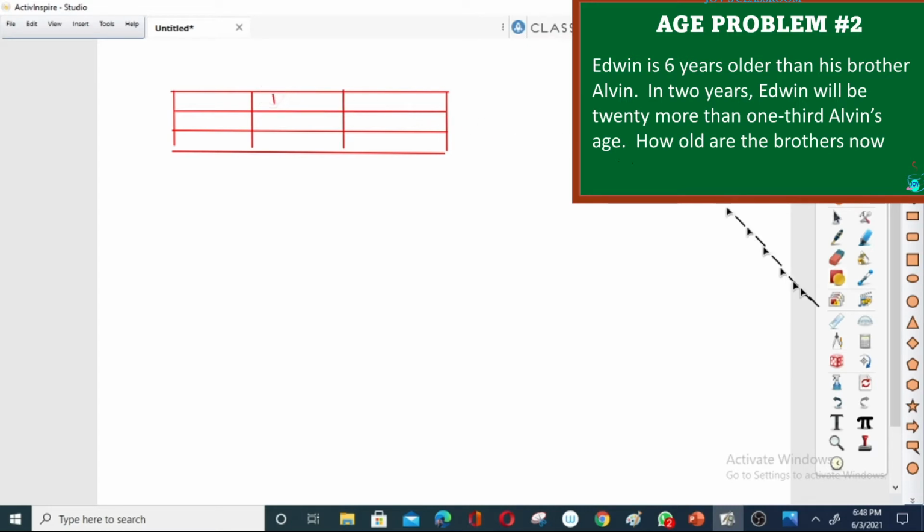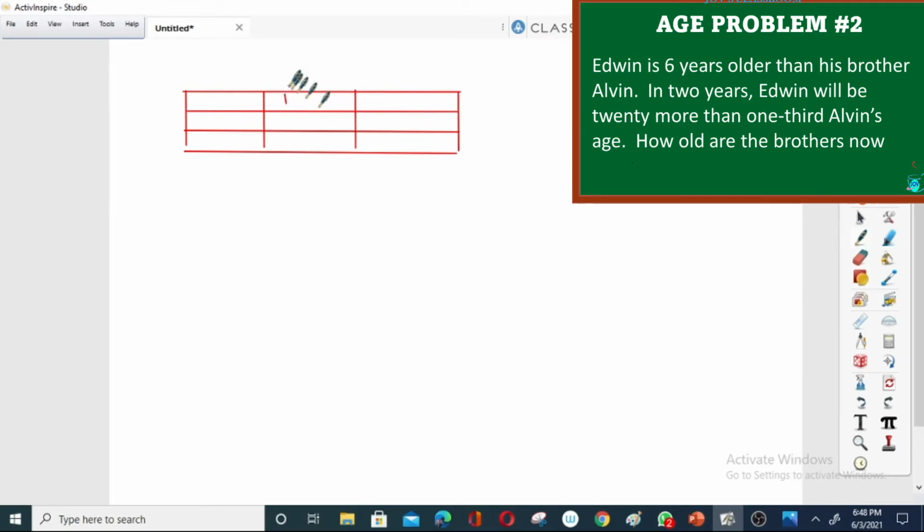So again, there is always a present age. The persons involved are Edwin and Alvin. So what is their present age? Again, we will use X as the variable to represent the age.